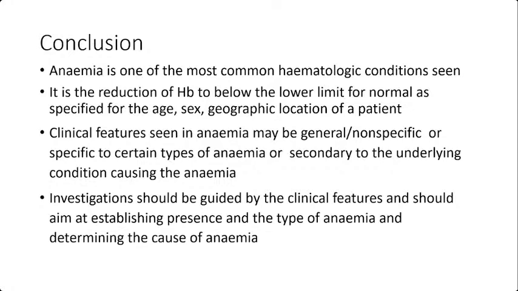In a hemolytic anemia, you may see jaundice, etc. Or they may be secondary to the underlying condition causing the anemia. So if somebody has a chronic inflammatory disease, chronic infection, or chronic heart disease, chronic renal disease, liver disease, etc., leukemia, whatever it is, that is where that falls in.